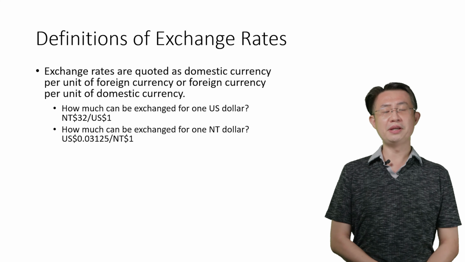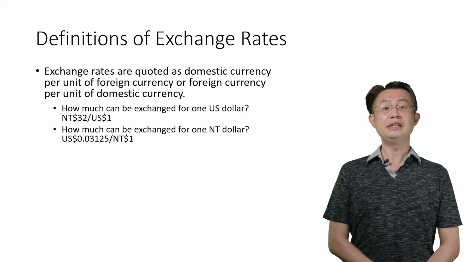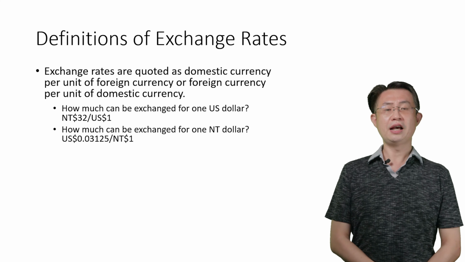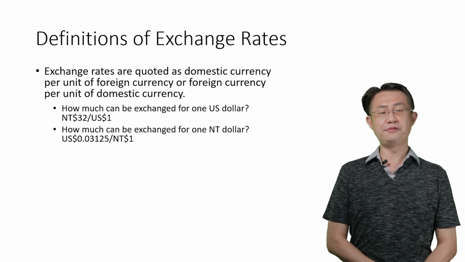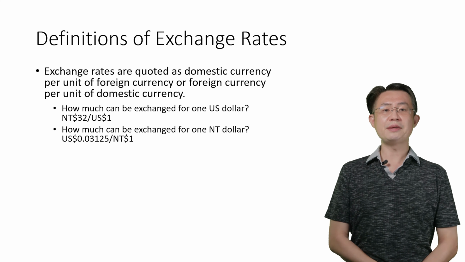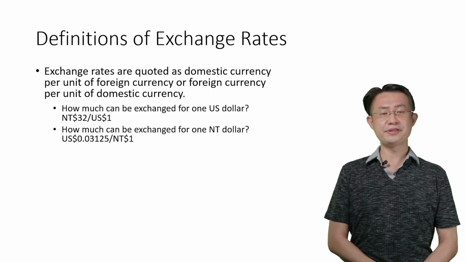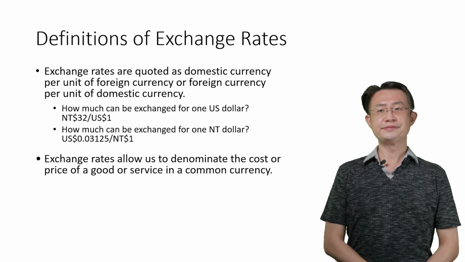We use the domestic currency to measure the price of one unit of foreign currency. So the exchange rate equal to 32 means we measure the price of one unit of foreign currency in terms of domestic currency. So from this example, we realize we have two ways to illustrate the exchange rate.